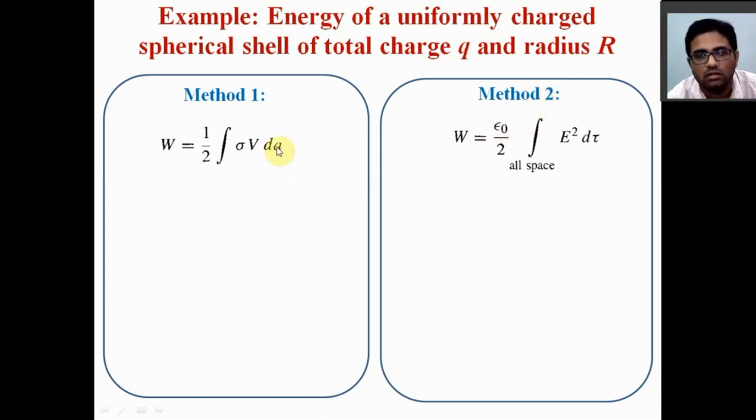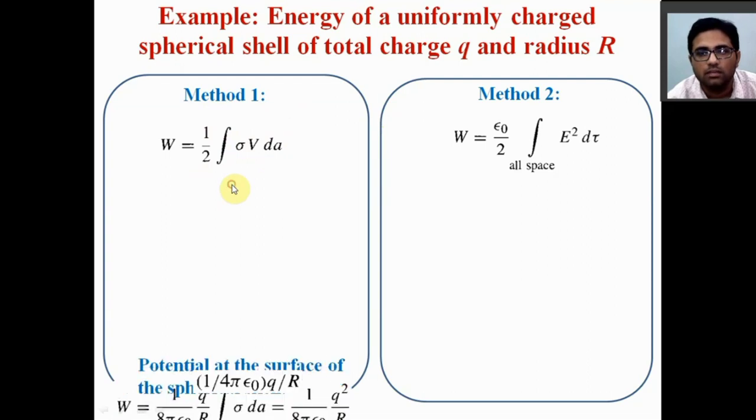In method 1, we will use this form of electrostatic energy for calculating the electrostatic energy, right? So here we have to use surface integration sigma V dA, because here we have a spherical shell.